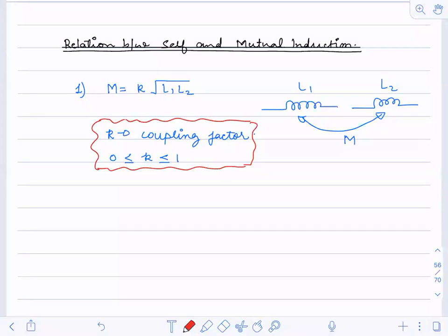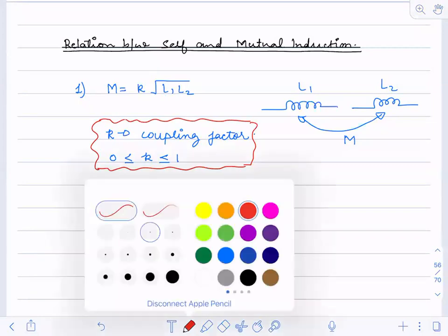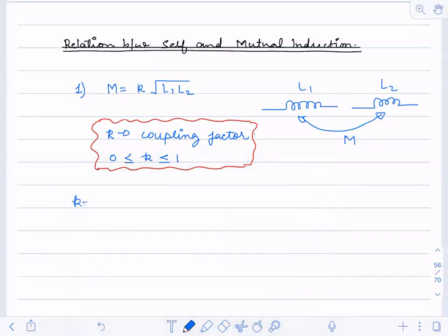Now we will try to visualize what a coupling factor is. The coupling factor tells me how two coils will be linked together. If its value is 1, then maximum flux of coil 1 is linked with coil 2.